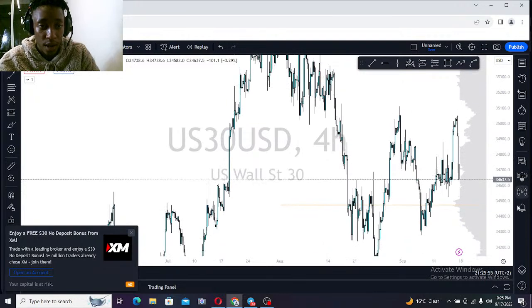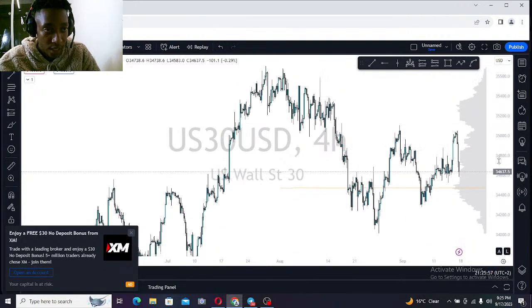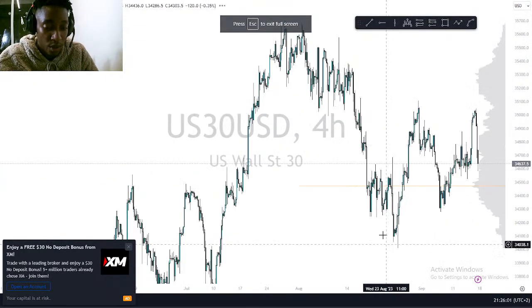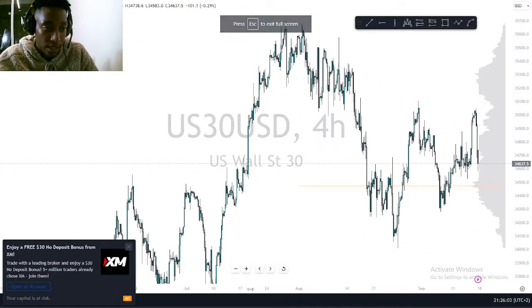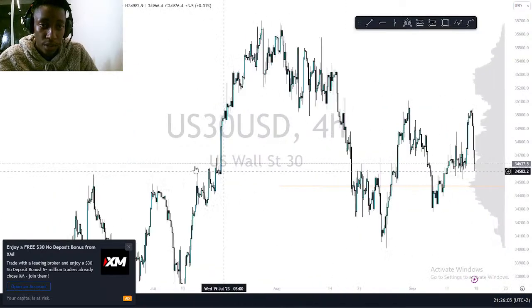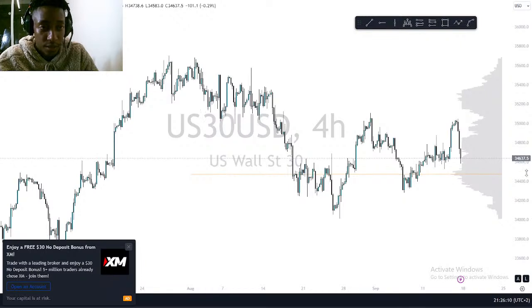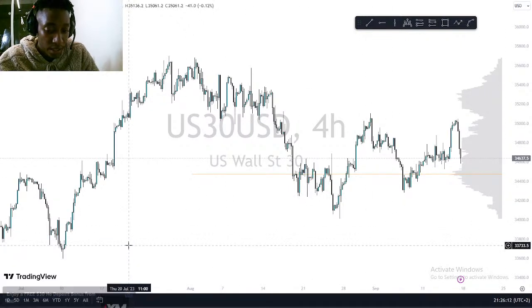That's the reason why we start our analysis on an H4 time frame. That's why we call it top-down analysis. So let us begin, I'm just zooming in on the chart.